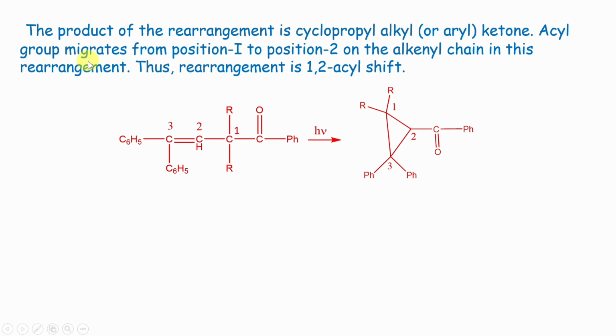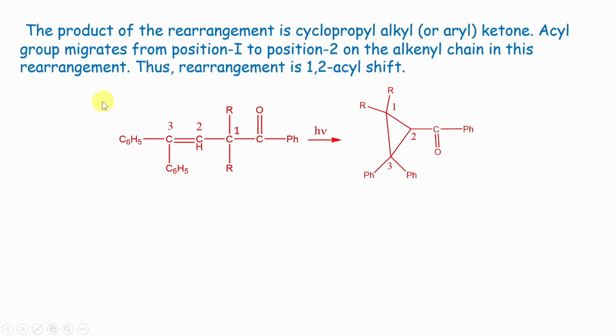You have seen the product of the rearrangement is a cyclopropyl alkyl or aryl ketone. Actually, in this Oxa-di-pi-methane rearrangement, the acyl group migrates from position 1 to position 2. It is a 1,2 shift on the alkenyl chain.